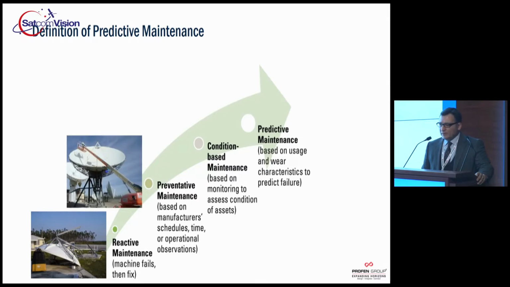This is based on the manufacturer's schedules, time or observations, and it is scheduled maintenance. Whatever the condition of the equipment is, you start maintenance. You have maintenance cards and a scheduled table. Weekly, monthly, or quarterly, you do some maintenance on the system.